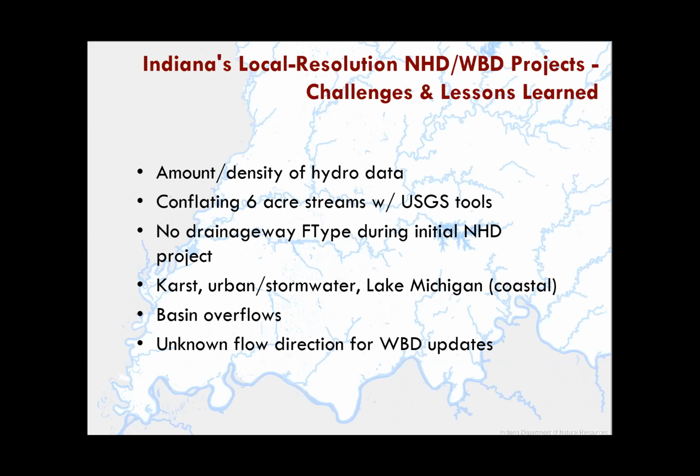We got consensus from all the stakeholders on where it should be. That's probably a good thing, but I wouldn't say we have a 100% solution there. So that's just some of the challenges that we have in working with this data set.